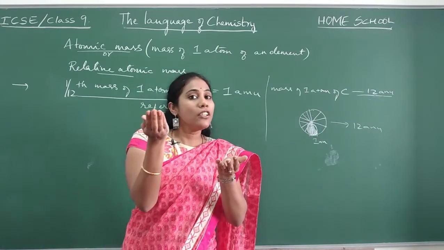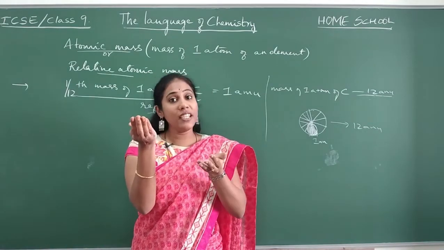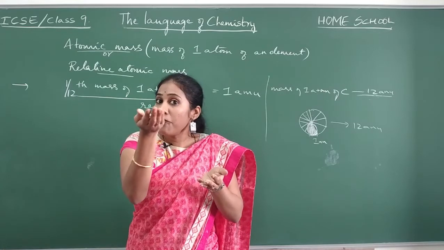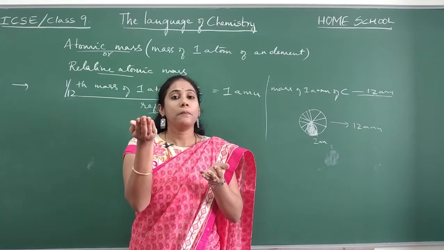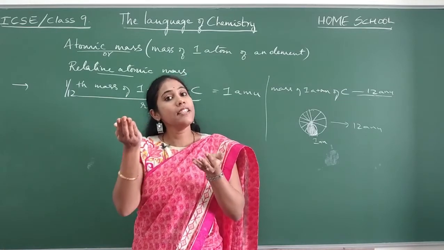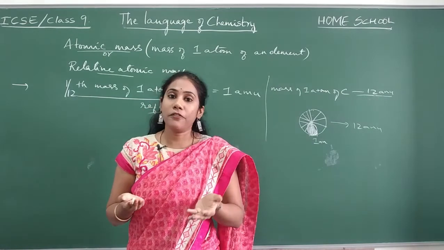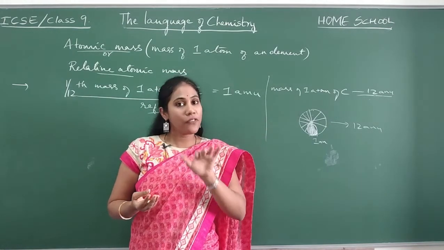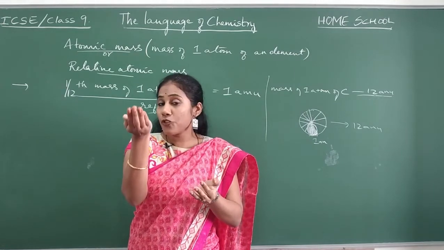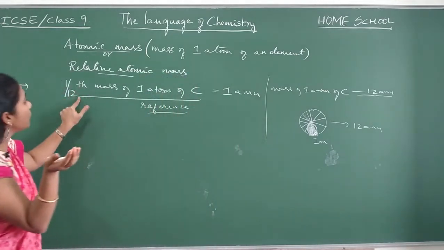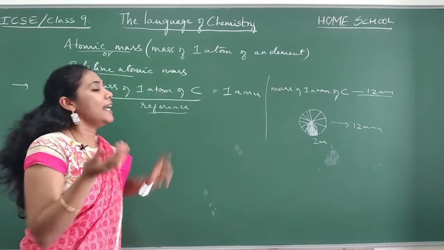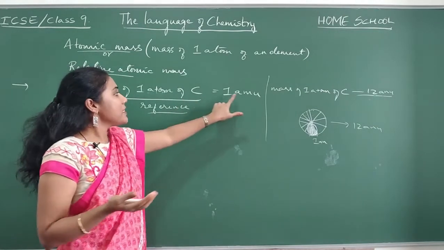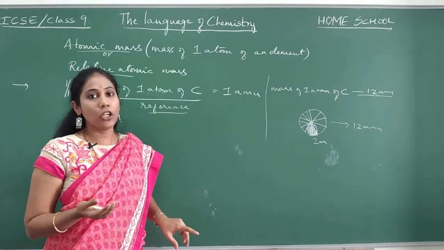Why? Because chlorine is 35 times heavier than the mass of the 1/12th part of carbon. Like that, every other element's mass was found with reference to the 1/12th mass of one carbon atom. How much is this? 1 AMU. Got to know?